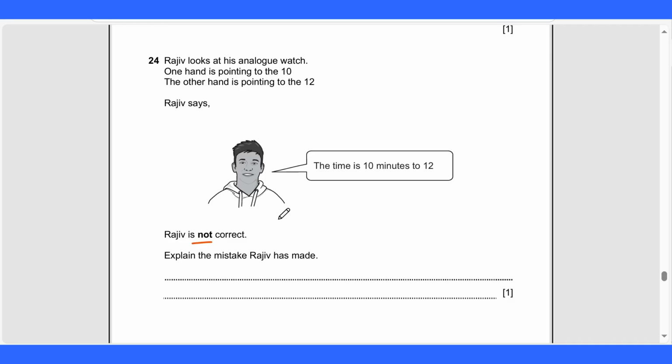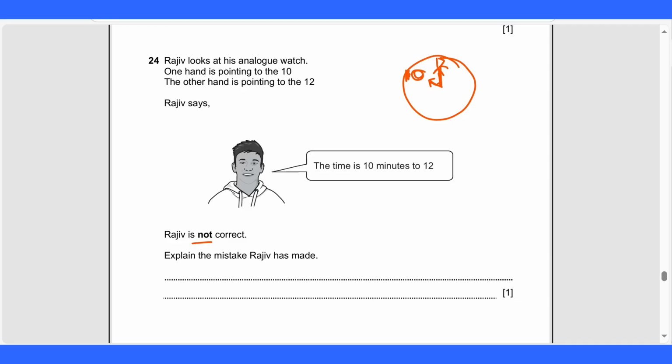So if we draw a watch here, one hand is pointing exactly at 12 and the other hand is pointing at 10. This can only happen when it is exactly 10 o'clock.